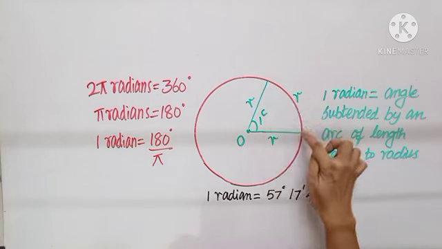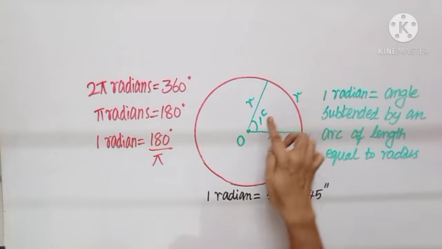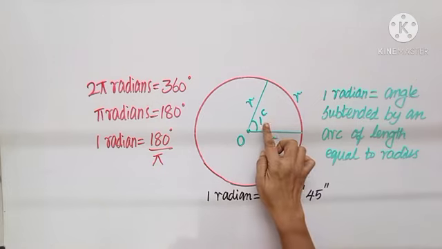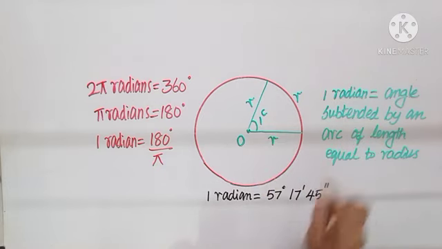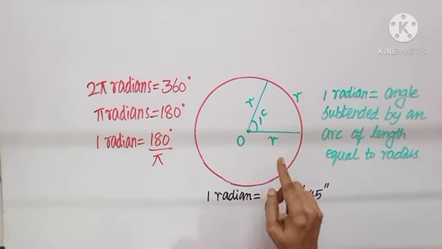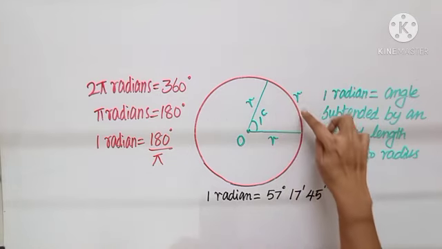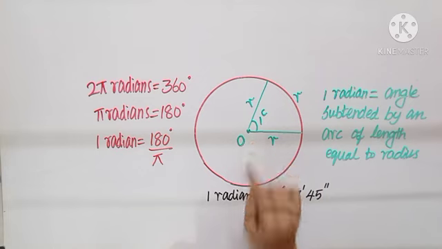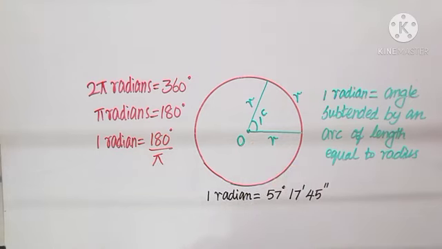The arc of length r subtends an angle at the center. That angle we define as a radian. To put it in proper words, 1 radian is the angle subtended by an arc of length equal to the radius at the center.